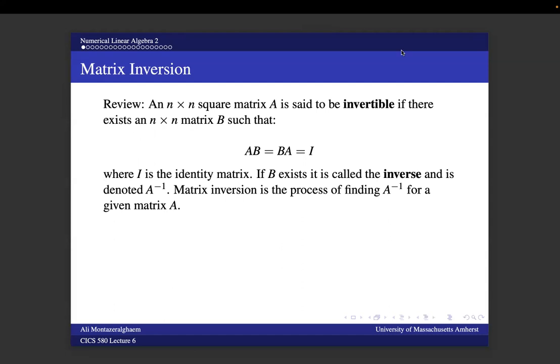So if B exists, then B is the inverse, and we can show it as A to the power of -1. So matrix inversion is the process of finding A^-1 for a given matrix.